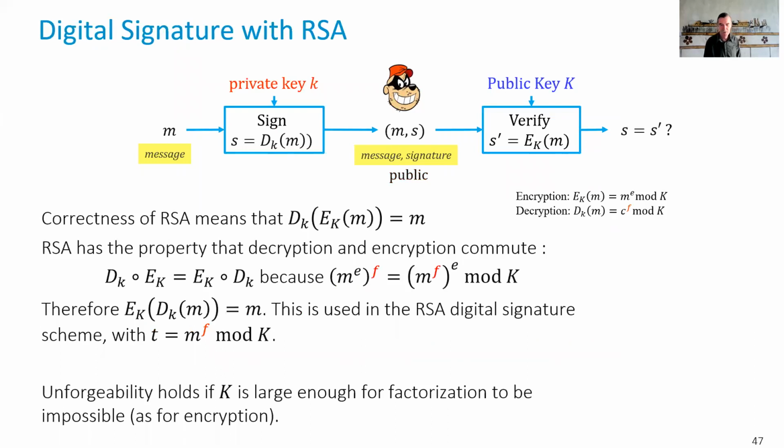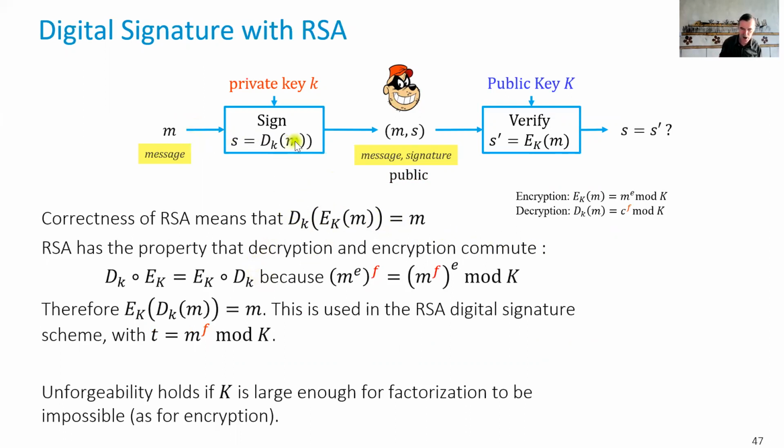With RSA, it works because of what I alluded to a few minutes ago, that is the commutativity of decryption and encryption. We have seen that if I encrypt with RSA with a certain key, which is public or private here, I can decrypt by taking the other key. But it works in both ways.